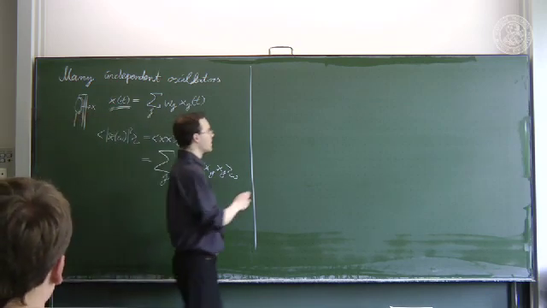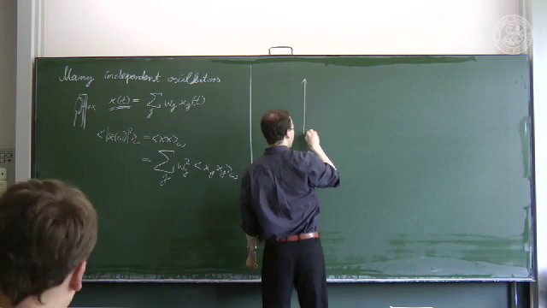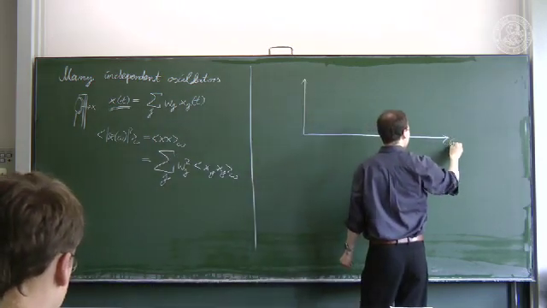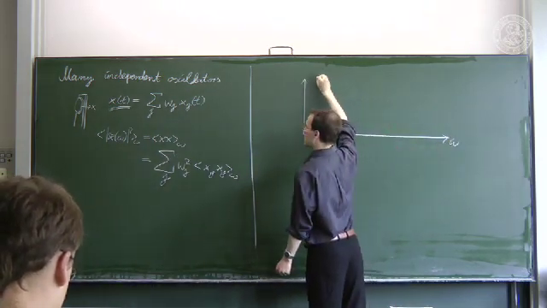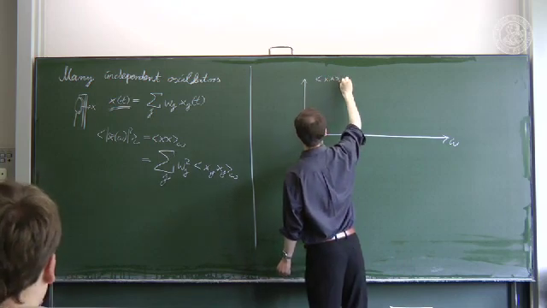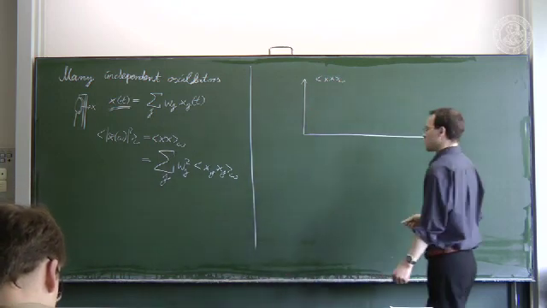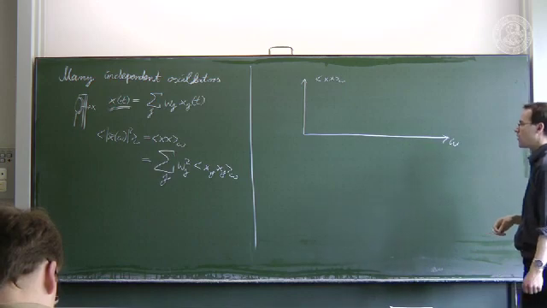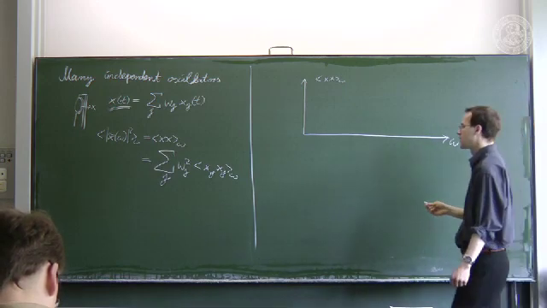And so what people really observe in the experiment then would be something like this. I only plot the positive frequencies because by now we already know that everything is symmetric.